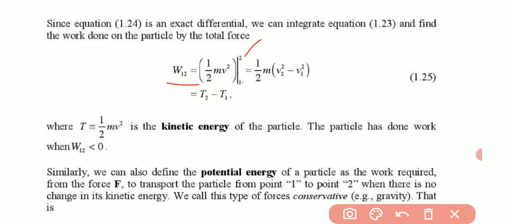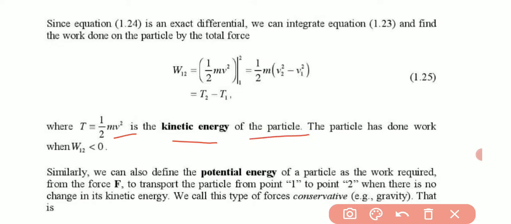This will be equal to half m (v2 square minus v1 square), after taking the upper limit minus the lower limit. This equals half m v2 square, that is T2, minus half m v1 square, that is T1, where T equals half m v square, the kinetic energy of the particle.